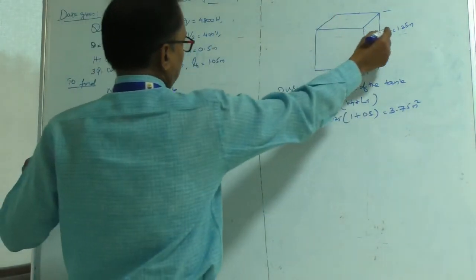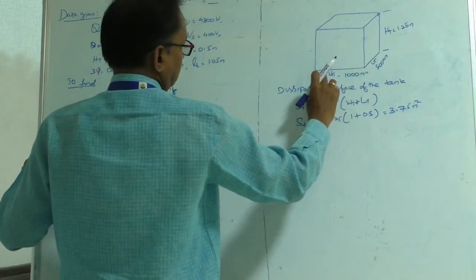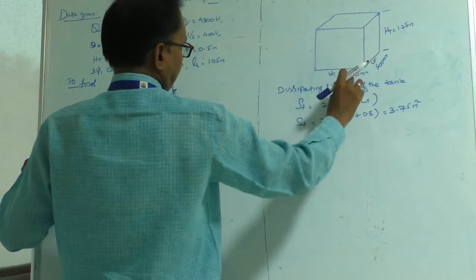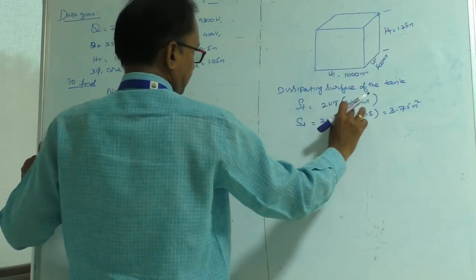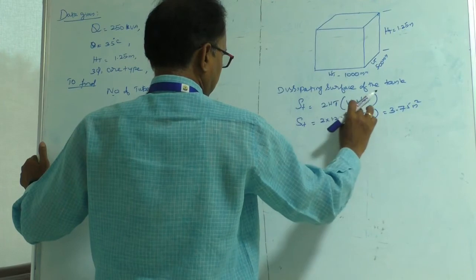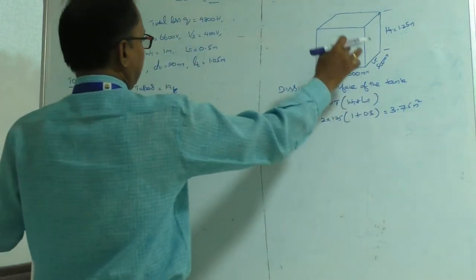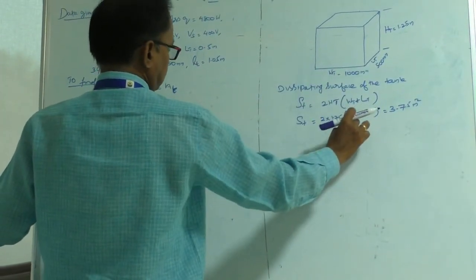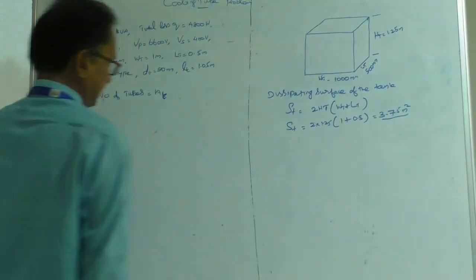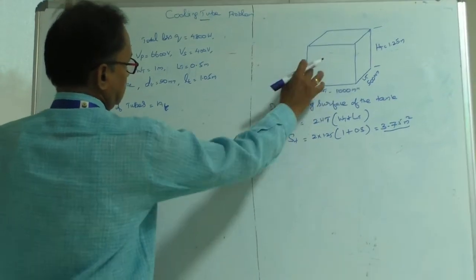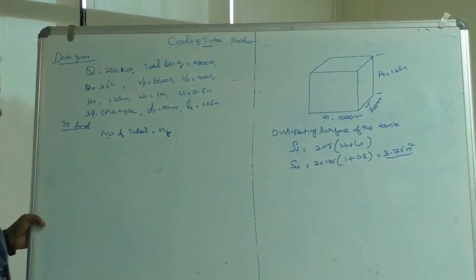Which means there are two HTs involved: 2 into HT into WT plus 2 into HT into LT, so 2 HT can be taken out and it becomes 2 HT into WT plus LT. You substitute the values: 1.25 meter, 1 meter, 0.5 meter. So we get a total of 3.75 meters square area. This is the surface area of the tank, only the vertical surface area.